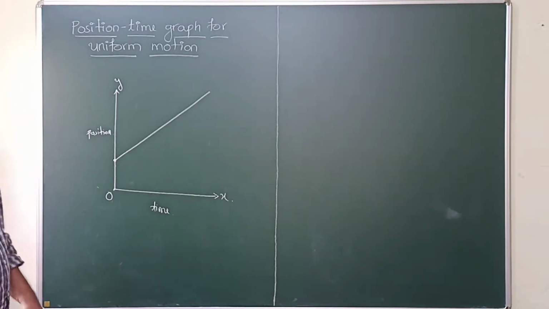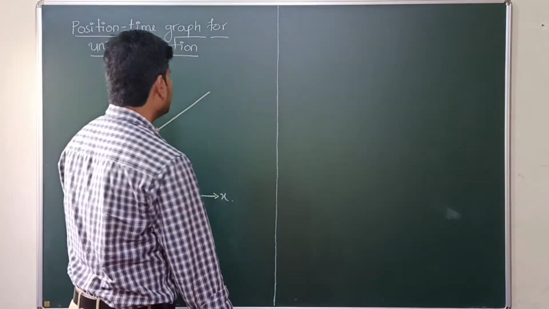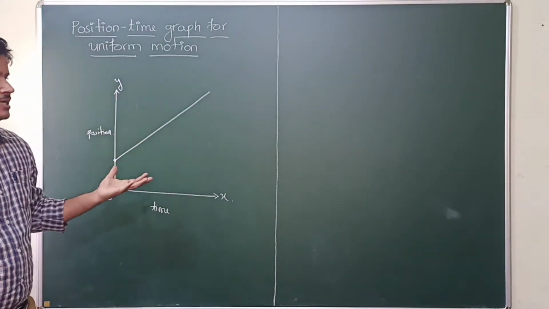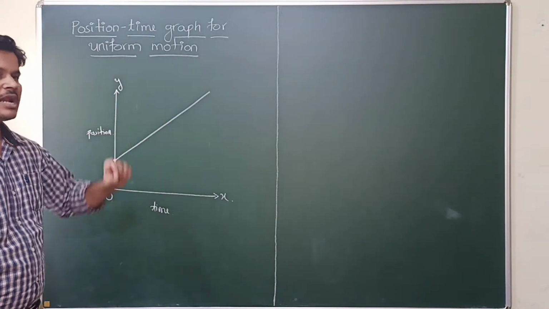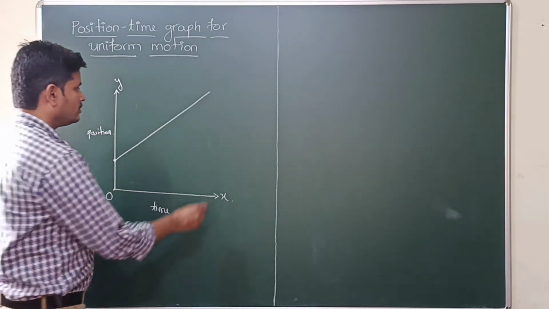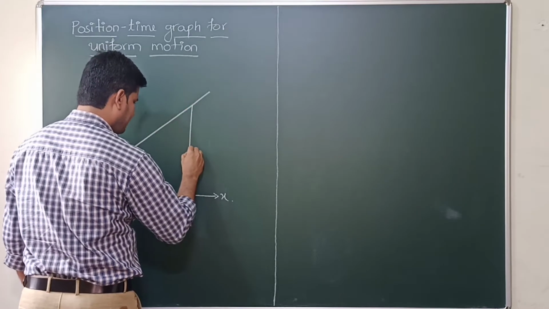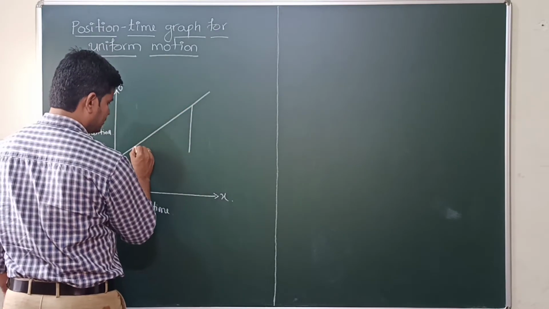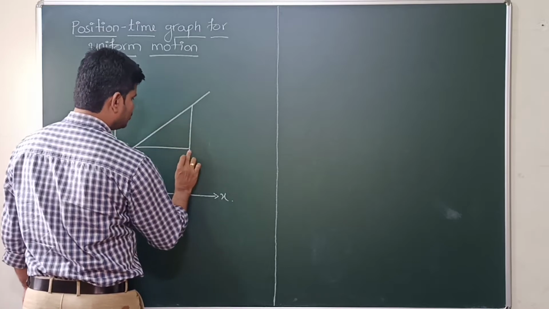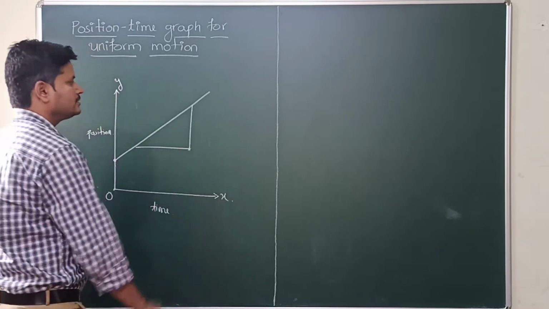Right. Now let us consider what happens if we take the slope of this graph. Let us take two points which intersect like here.